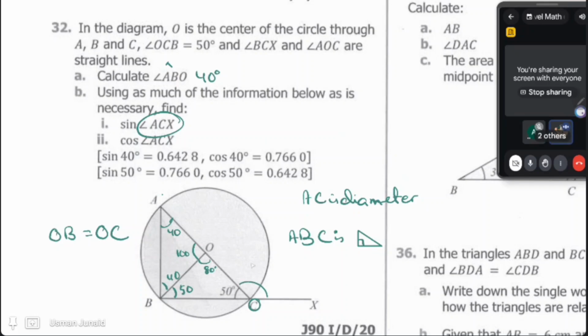How did we get to know that AOB angle is 100? बिकॉज वो ट्रायंगल है ना, 180 से हम उससे माइनस कर देंगे.